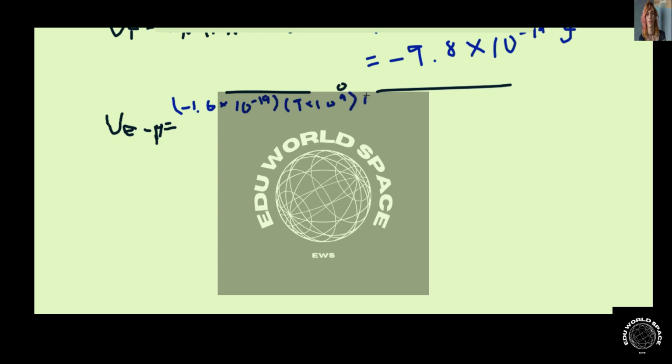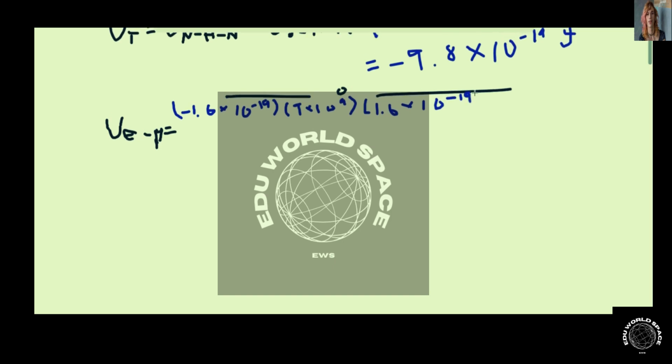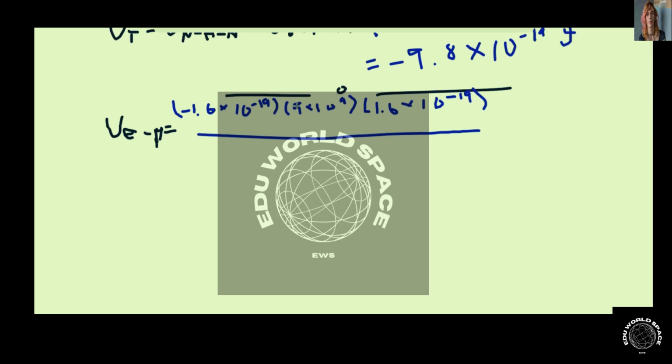And then 1.6 times 10 to the negative 19, all over the radius, which is 0.0529, which is just the constant between the electrons and the protons, times 10 to the negative 9.